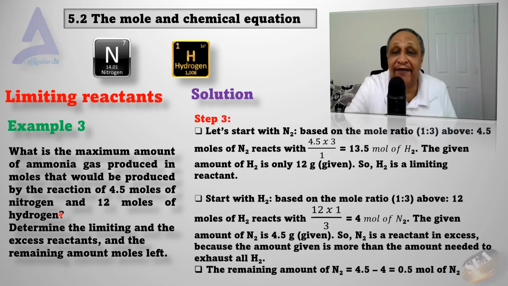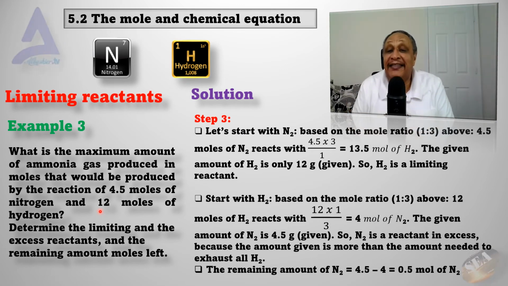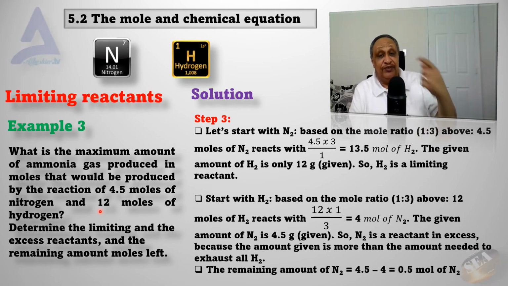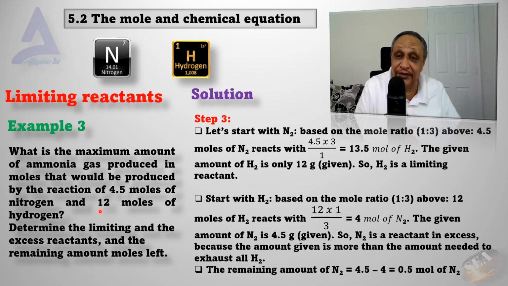I don't have 13.5 moles. So 12 moles is less than 13.5. As a result, if we start the reaction, the hydrogen is going to be consumed before all the nitrogen is consumed.